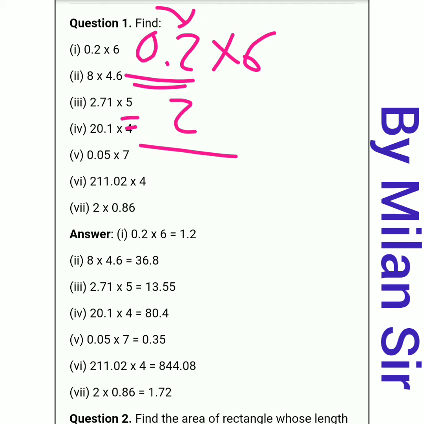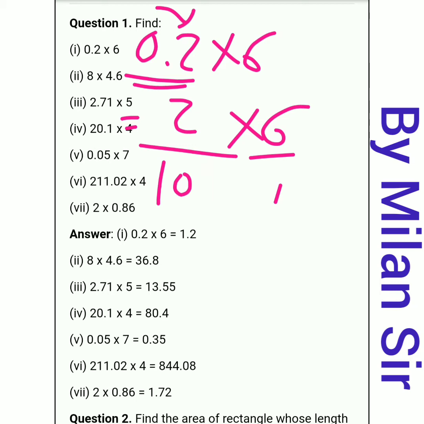Only one digit. So here we need to write divide by 10, that means after 1 we put one 0. So the denominator is 10. Now multiply 6 remains as it is, and since nothing is present in the denominator, we can write 1.